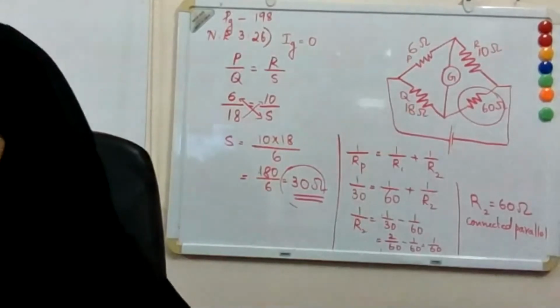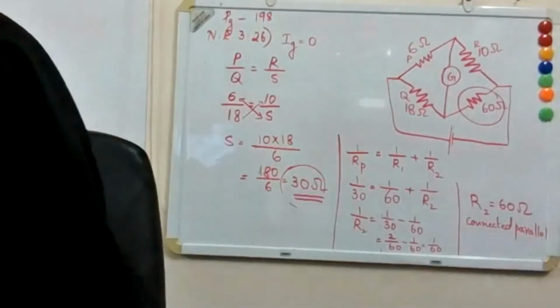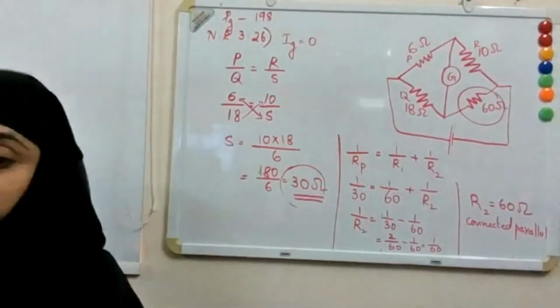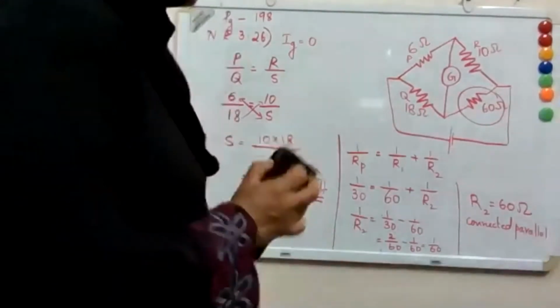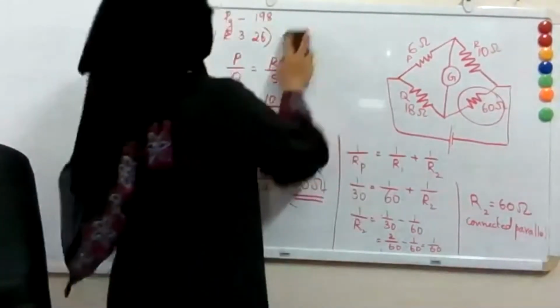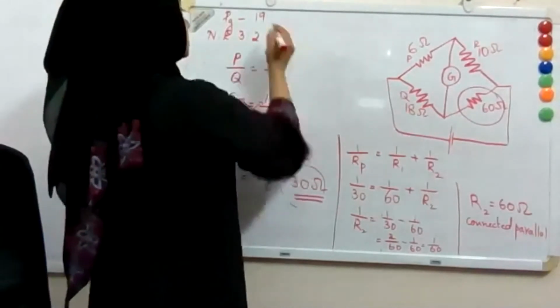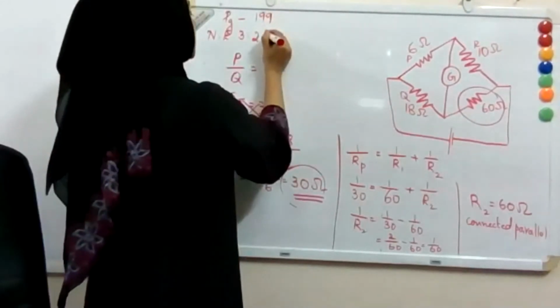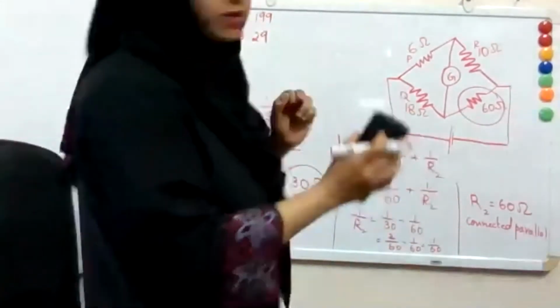So on the next page, page number 199, you can see numerical example 3.27, which is a similar one.